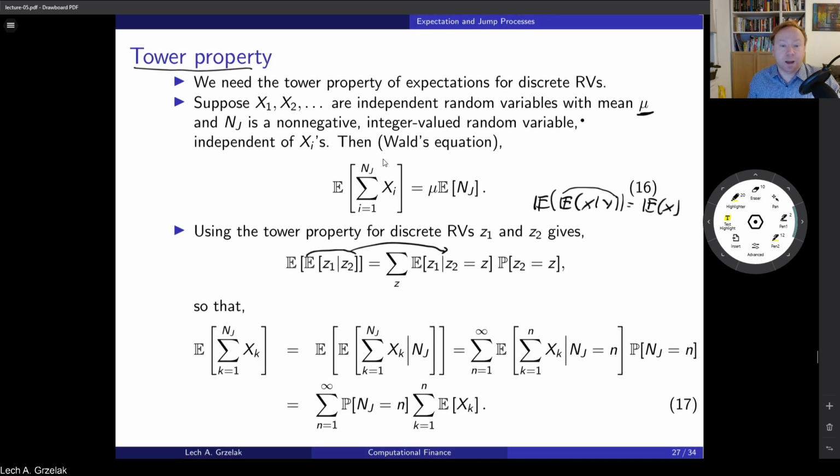I find it very handy, and often in computational finance, in general in finance, by using the Tower property, you can simplify your problem. As we have seen here, by conditioning, our inner expectation becomes much simpler. For example, it did not depend anymore on nj.